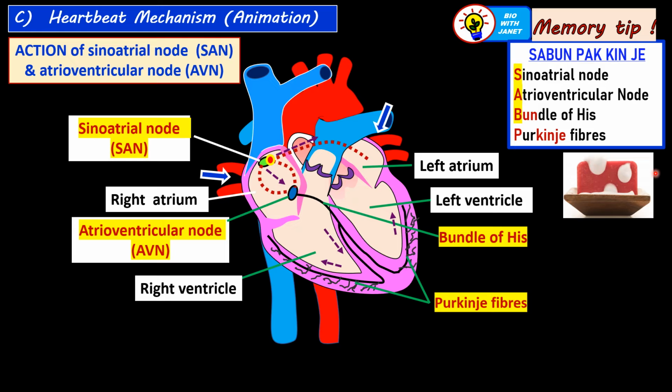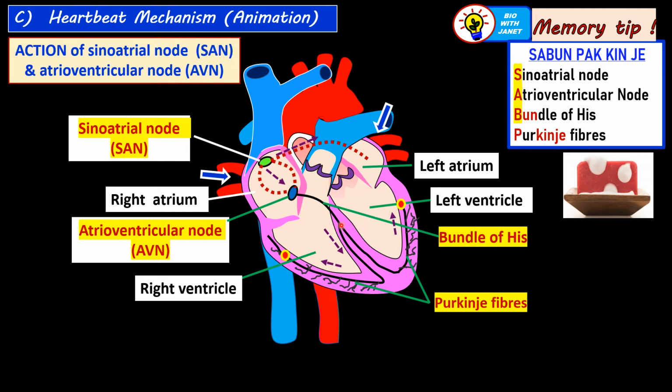They'll move inwards. Next, the impulse travels to the AVN, the atrioventricular node. From there, it travels down the bundle of His and up the Purkinje fibers on the left side of the heart, and also on the right side. That means to the left ventricle and the right ventricle wall, the two walls.